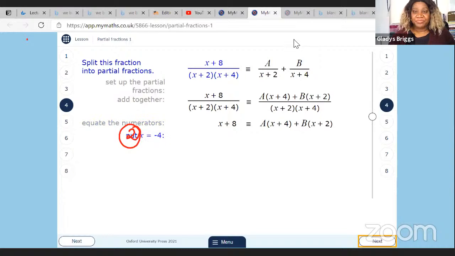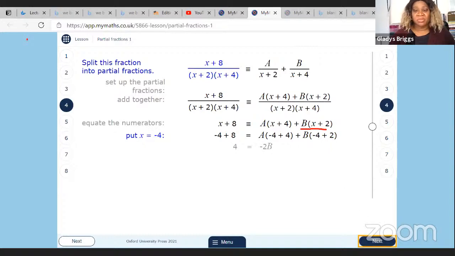To get rid of this 4 here, you let x be equal to -4, so that you can find b. So -4 plus 8 is equal to b times -4 plus 2.